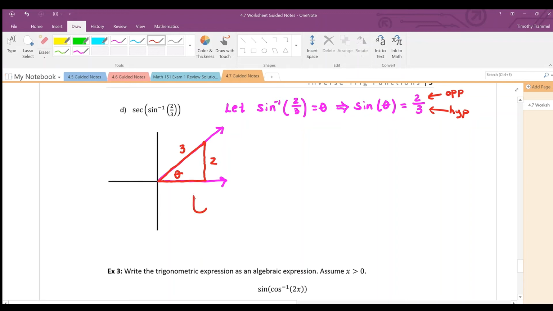And we just need to find this missing side here. Well, if we're going to do that, we need to use our Pythagorean theorem. So we have a squared plus 2 squared equals 3 squared. So that means that a squared is equal to 9 minus 4, which is 5. So this missing side here is of length square root of 5.